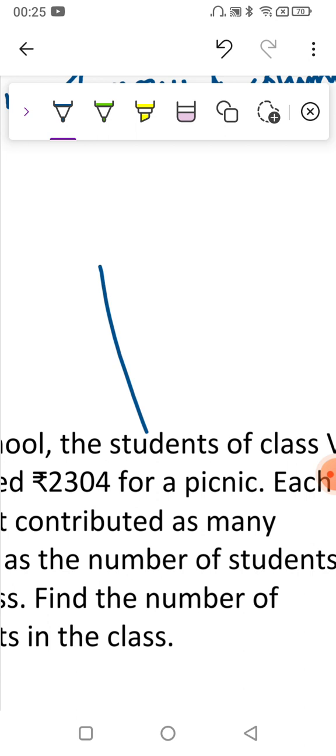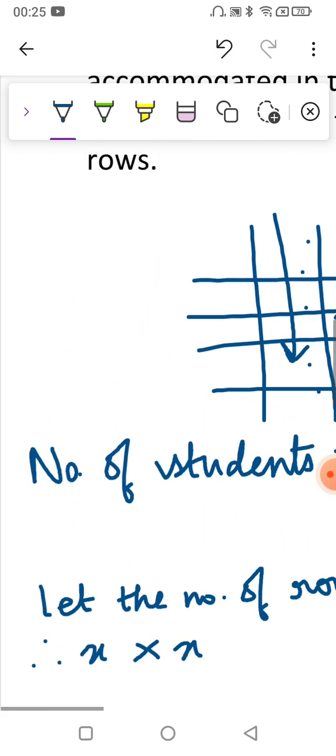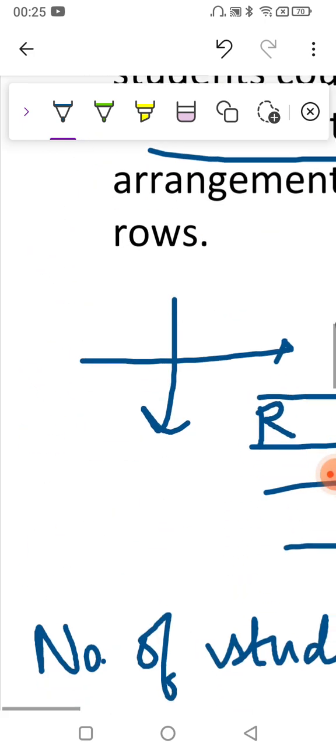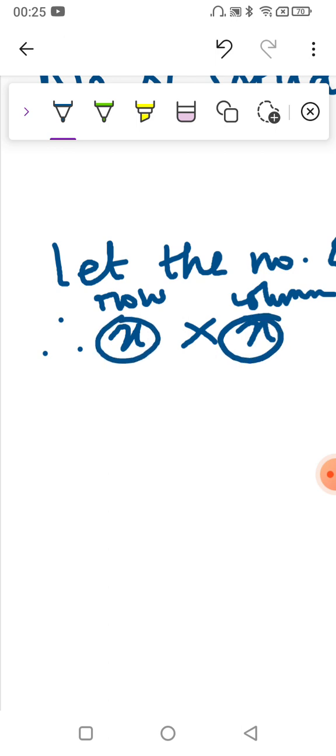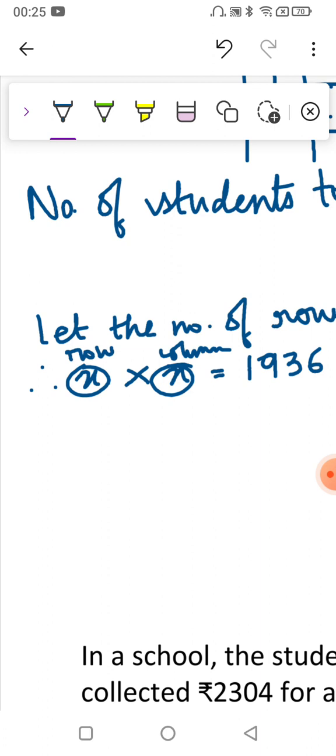Therefore, we can write x, that is row, into column. Because the arrangement is in this way, whenever we are arranging things in this manner, it will be basically the row into column. So x into x will become 1936 because 64 students were already omitted.